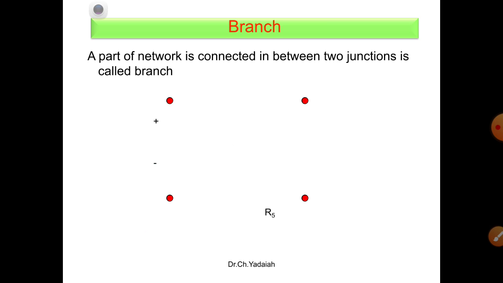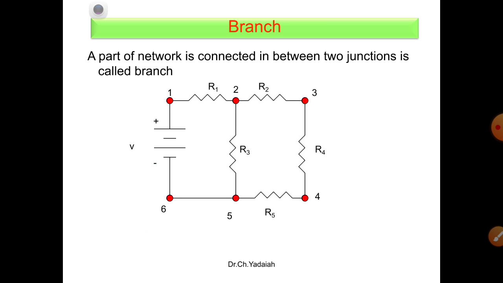Now what would be a branch? Let us see. The node is known. So what are the nodes in this circuit? Node 1, node 2, node 3, node 4, node 5, node 6. The red color dots are the nodes.